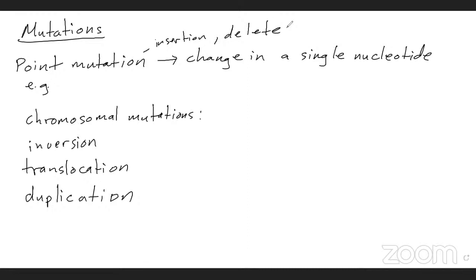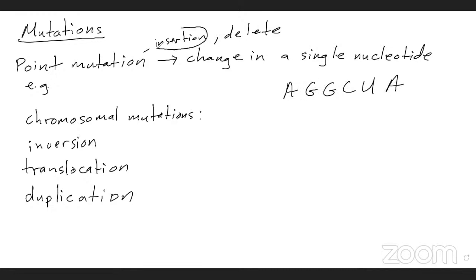Have you used the term frame shift before? No? All right, so let us use actual letters: AGG CUA. Let us say this is the normal genotype, or the normal sequence of nucleotides in the gene.